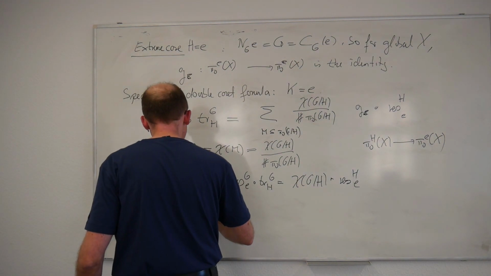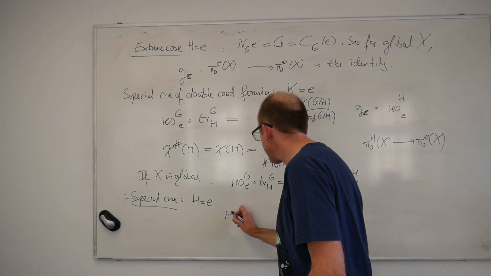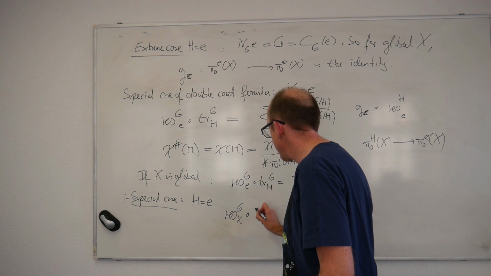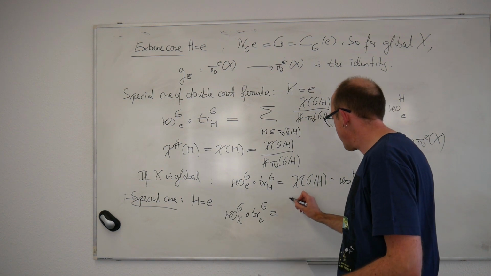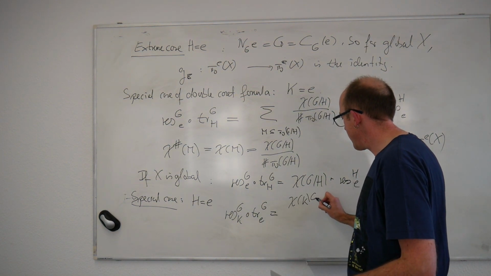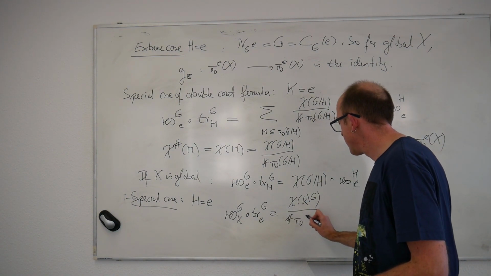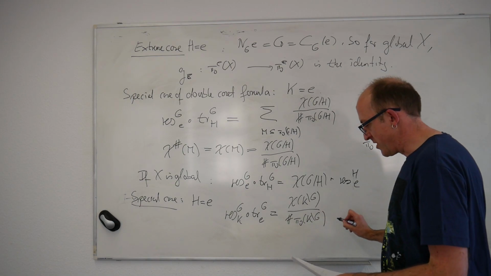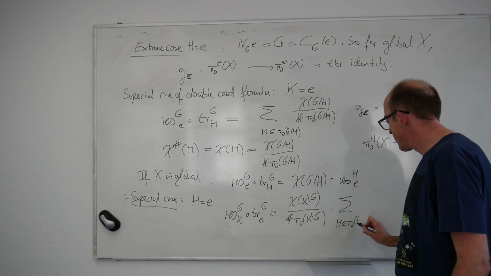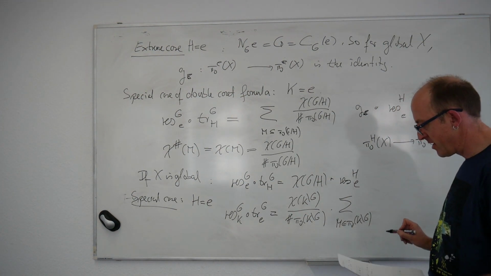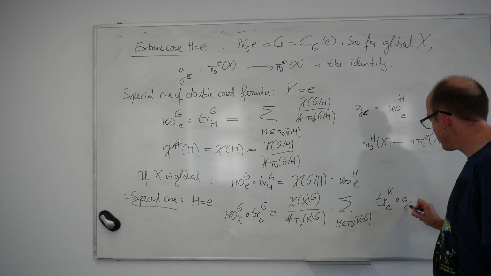That's the special case where H is the trivial subgroup and not G. And then a very similar argument shows that if we restrict from G to K, after having transferred from the trivial group up to G, we get the Euler characteristic, so now of the left translation action of K divided out by G, by the number of path components that this has, pi 0 of K mod G, and then sum over all connected components of G by the K action, and then now we have this in the other order. Now we have the transfer from E to G followed by G lower star.